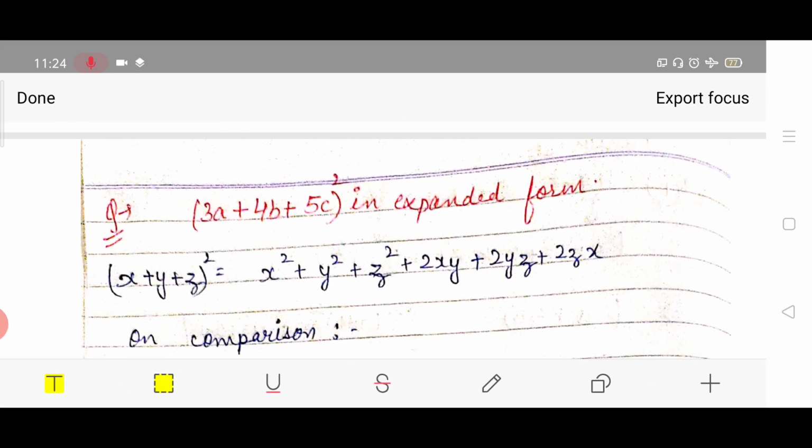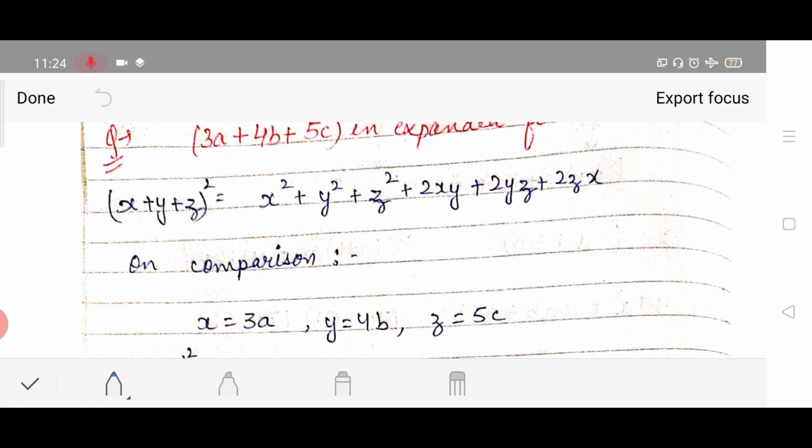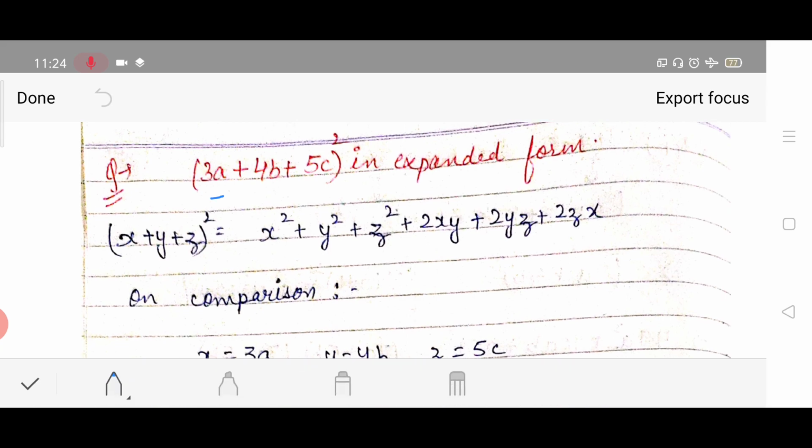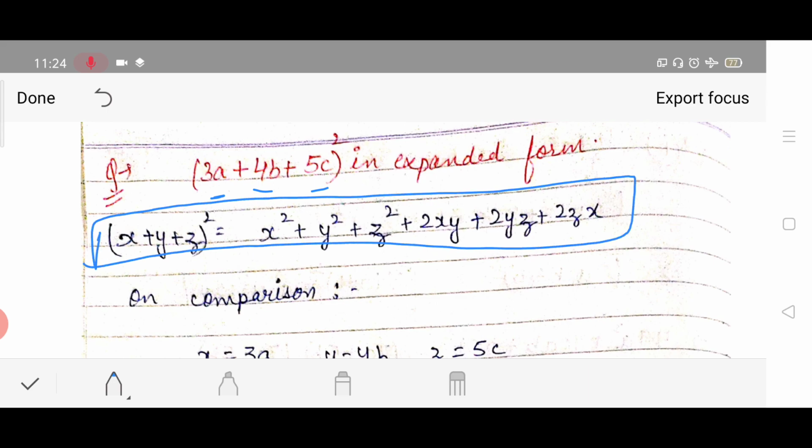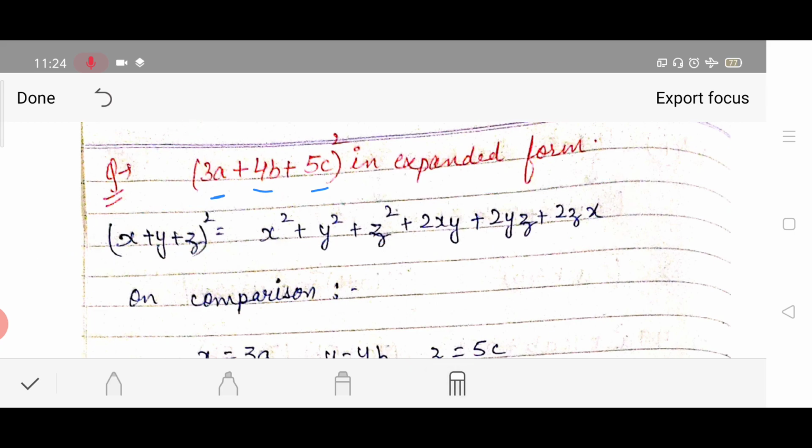Moving on, this question is, you have to express this in expanded form. So from here you can see that you are having (3a + 4b + 5c) whole square. So this seems like the identity (x + y + z) whole square. So you have to apply this identity on this question, and if you compare this with the question statement, you will get the values of x, y and z.